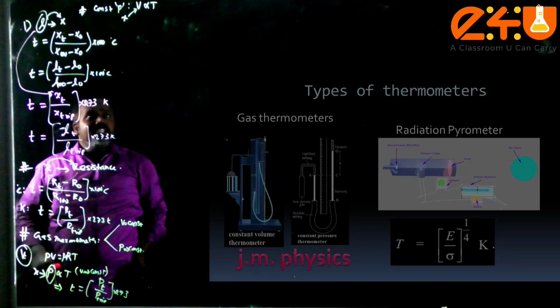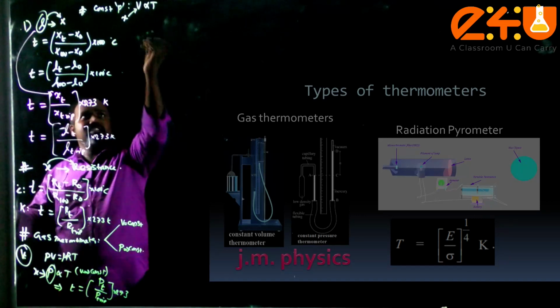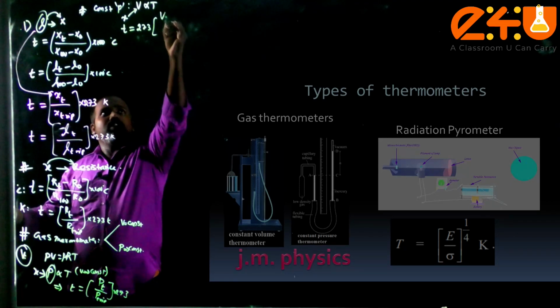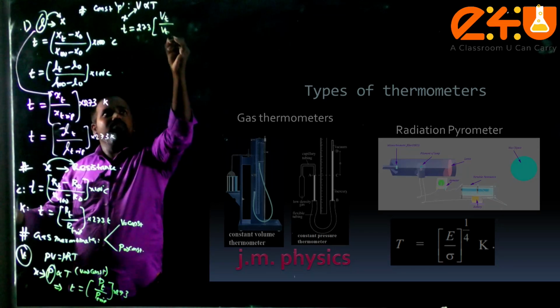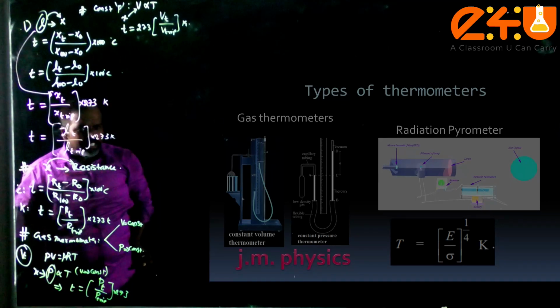Again, we can write the expression in terms of centigrade or Kelvin scales. For example, in the Kelvin scale, T is 273 times the volume at temperature T divided by the volume at the triple point temperature. So this is the gas thermometer.